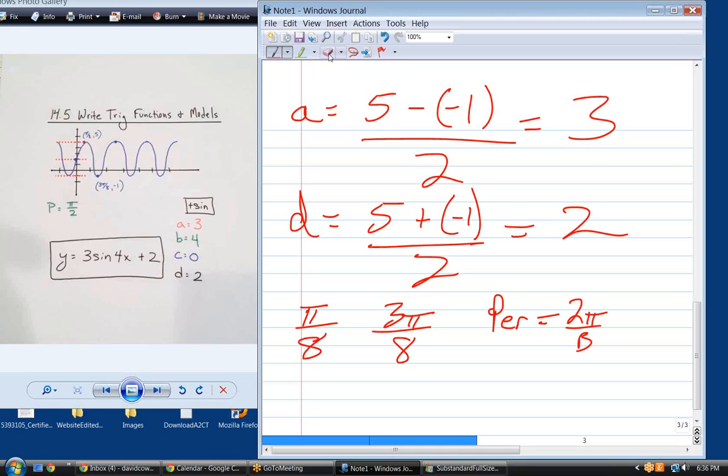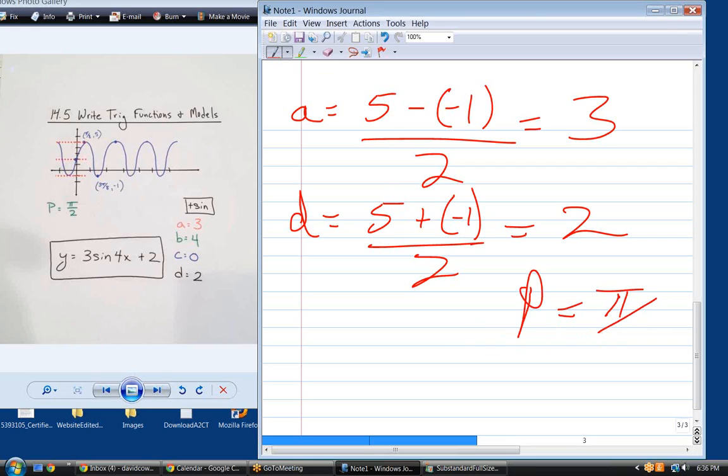Okay? So from reading the graph, we know that the period is pi over 2, and therefore B, which is 2 pi over the period, again you have to flip and multiply, which you have to do a lot with the sinusoid function, because the period is very often a fraction.